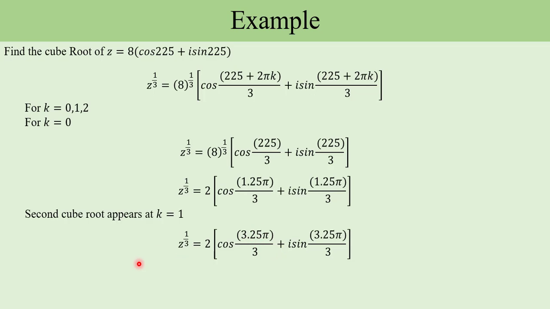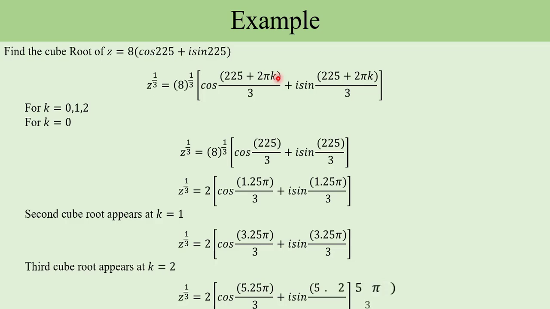So then the third cube root will appear at k is equal to 2, meaning that this time we substitute 2 here. So 2 times 2 is 4 pi plus 1.25 pi, and we shall have 5.25 pi divided by 3.